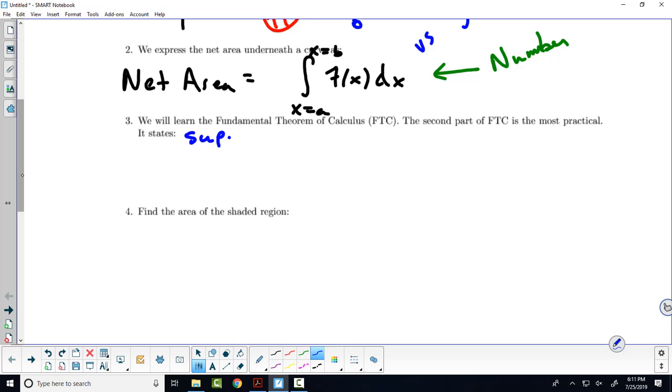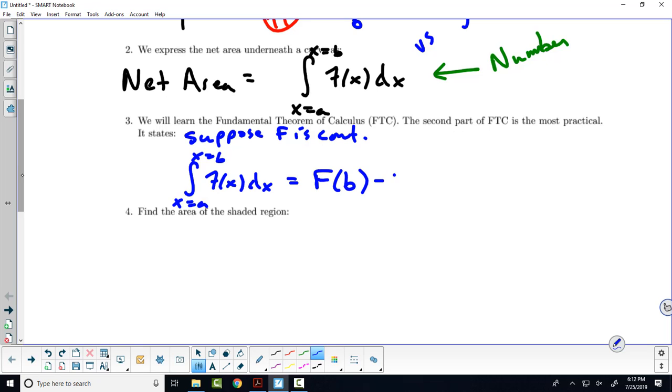Suppose f is continuous, then if I ask you to find the area underneath the curve from x equals a to x equals b of f of x dx, if you want to compute the definite integral, if you want to find the net area of a region, you're going to do so by simply calculating capital F of b minus capital F of a, where what does capital F represent?